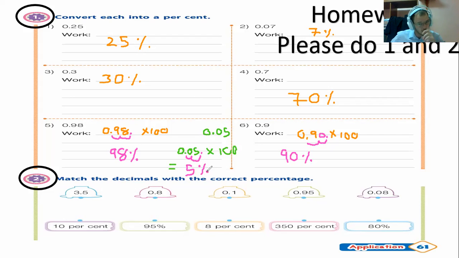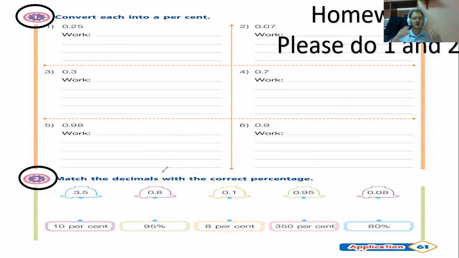Very good. So I hope all of you got that correct. If you did, good job. Excellent. If you made some mistakes, maybe you learn from them now and in the future will not make the same mistake. So let's look at number 2 at the bottom here and see how we can answer these questions. Over here, we have to match the top with the bottom. How do we do that?